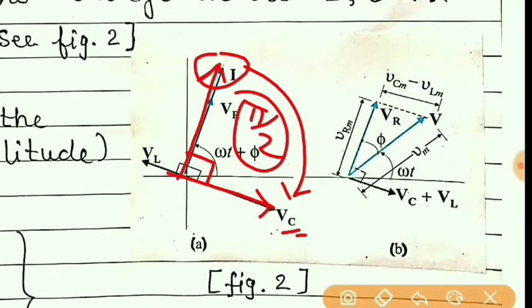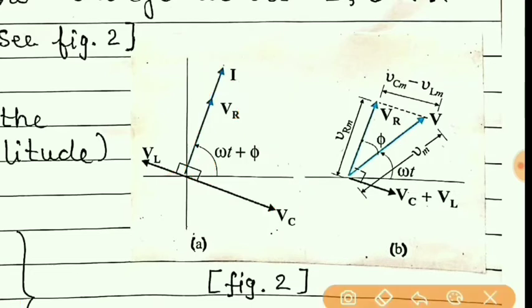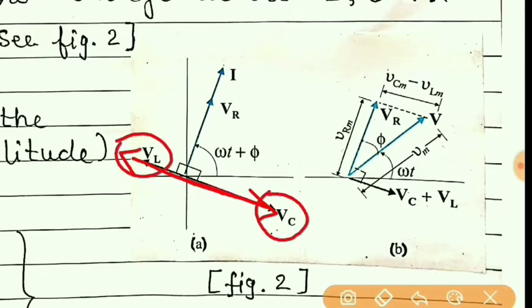So it is clear that the phasors VL and VC are mutually opposite, and if we consider VC greater than VL, then the resultant of these two will be VC plus VL.